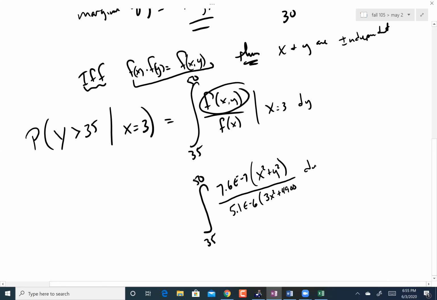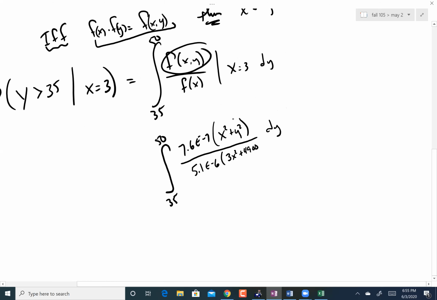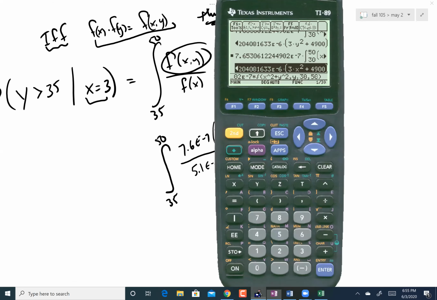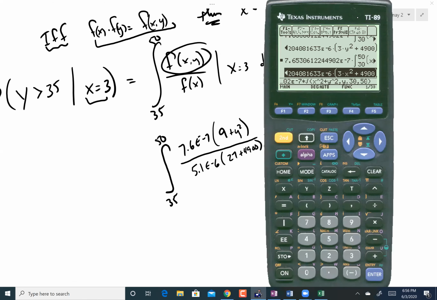dy. Now, everywhere there's an x, because I said let's let x equal 3, x squared becomes a 9, and 3 times 9 is 27. So you can see that denominator is just a fraction now. I'm just going to go ahead and bust it out to see roughly what it is.